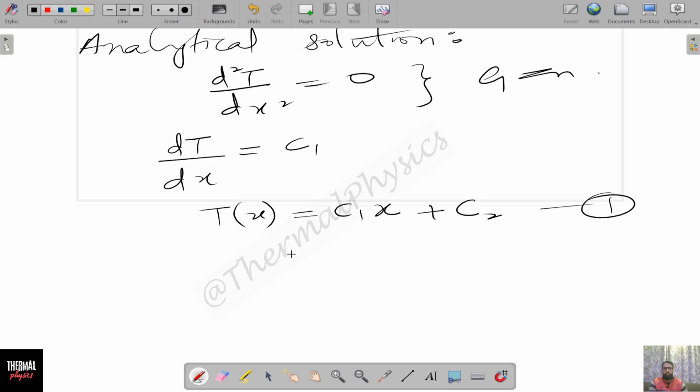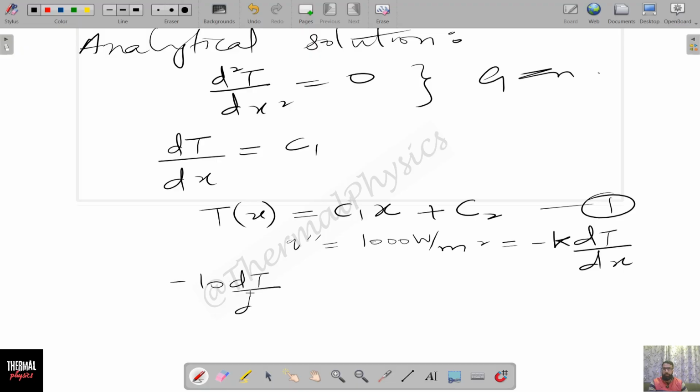We know the two boundary conditions. One is the q flux, which is 1000, and by definition it is minus k dT by dx. So minus k, which is 10, times dT divided by dx equals 1000. So we get dT divided by dx equals minus 100.